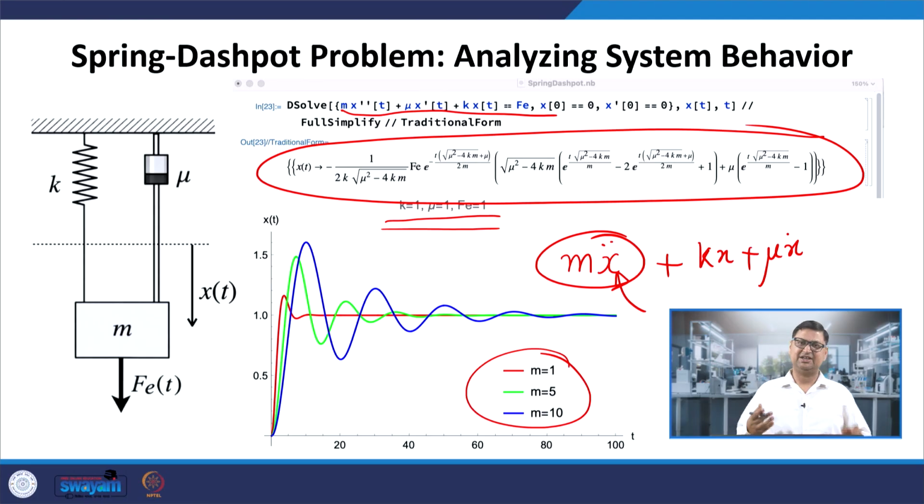So whenever we have a second order differential equation, it is likely that it will give you oscillation. First order equations will probably not give you oscillations, right? So therefore, if I am increasing the magnitude of this m, I am basically getting more and more oscillatory behavior. For small values of m, the oscillations are very less.